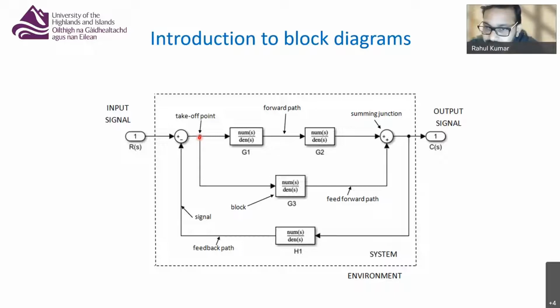So this dot here from where you are taking the signal is your takeoff point. These are some of the basic components that we use while designing the control system or developing the block diagram of our control system.